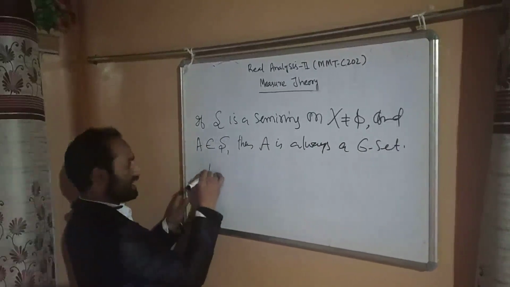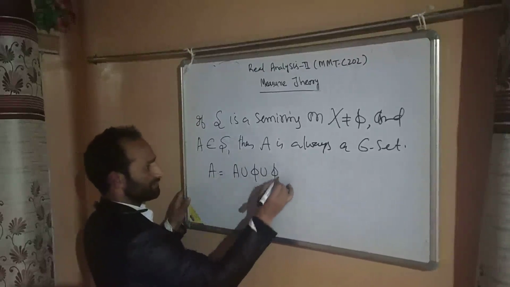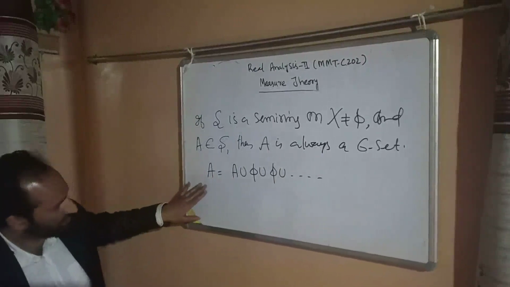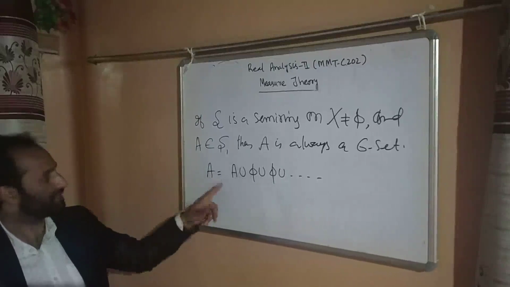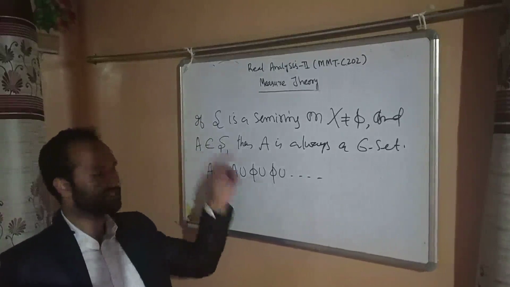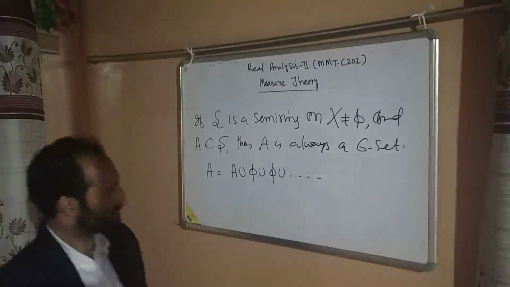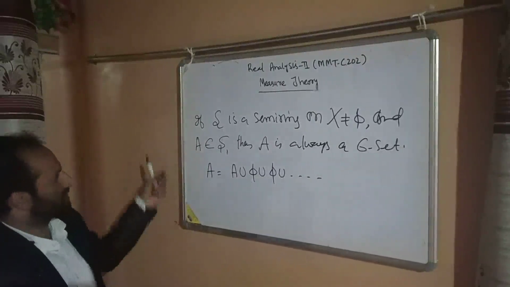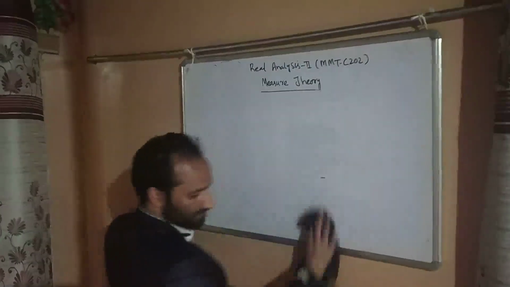Because we can write A as A union phi union phi up to infinity. So this A can be written as a countable union of disjoint members of S, because A is a member of S, phi is a member of S, and they are also pairwise disjoint. Therefore, A is a sigma set. So every member of a semiring is a sigma set with respect to that semiring S.